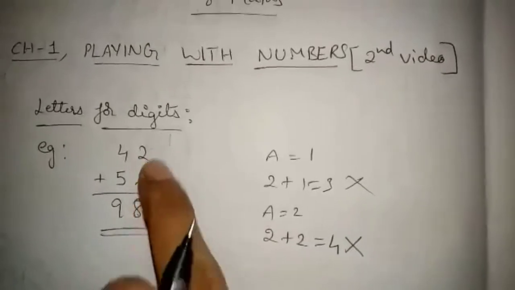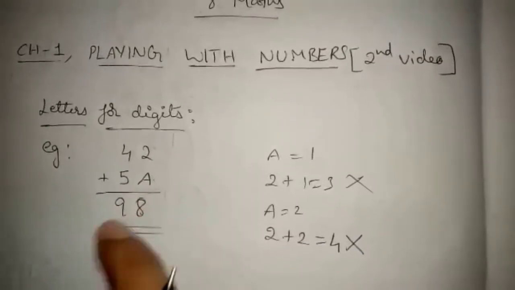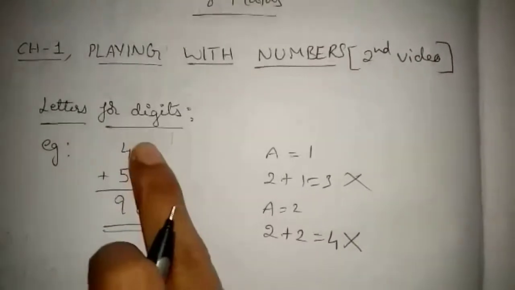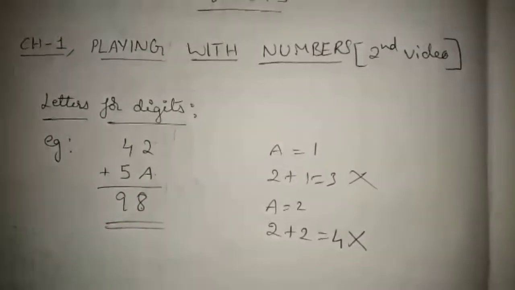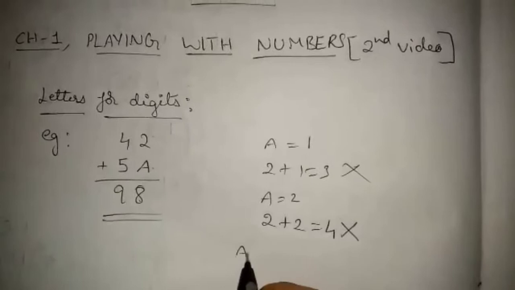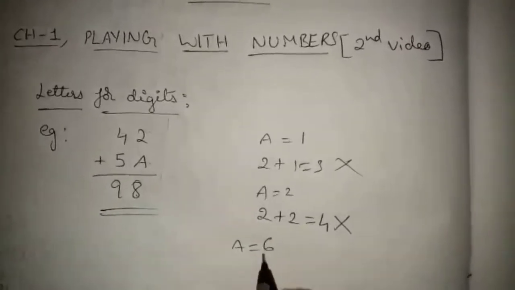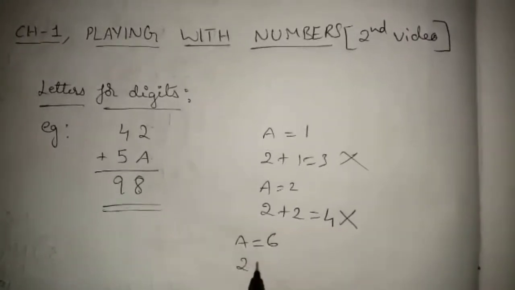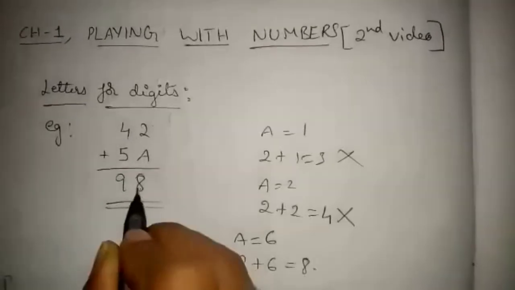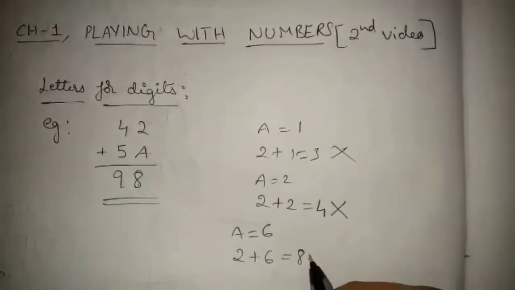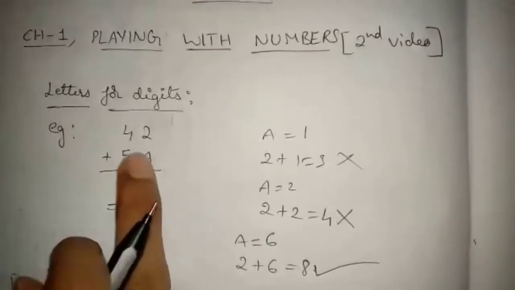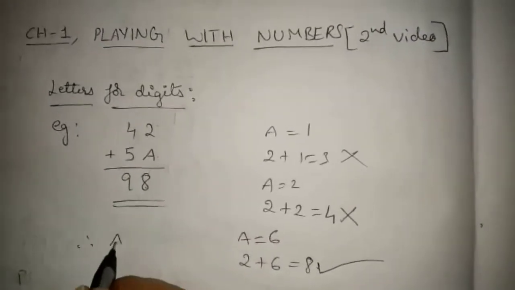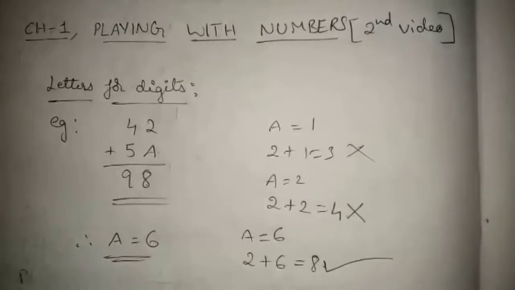If you should get the answer as 8, what do you have to add? For 2 you have to add a number and you should get the answer as 8. So let me assume a as 6 now. So what will it be? 2 plus 6 is 8. Now see the units please. 8. So this is the correct answer. So what is the value of a? Therefore a is equal to 6.